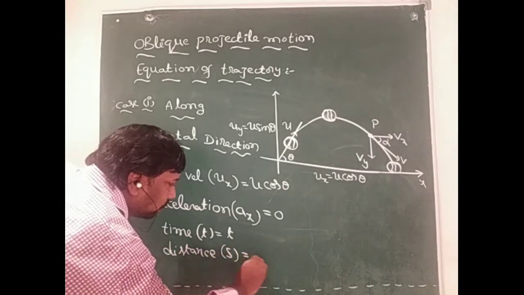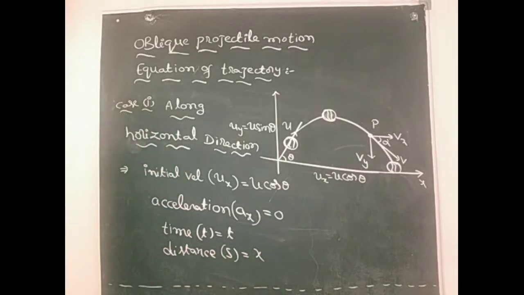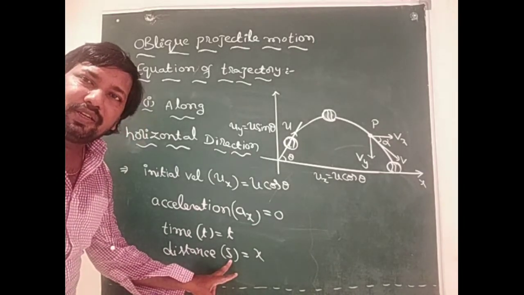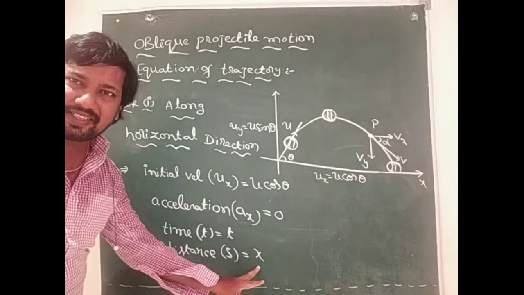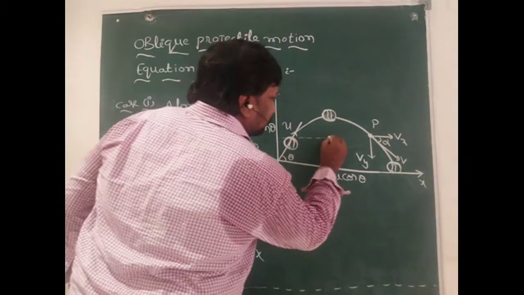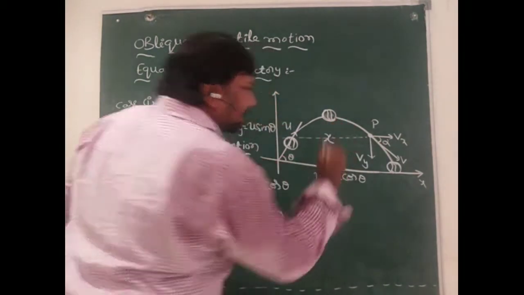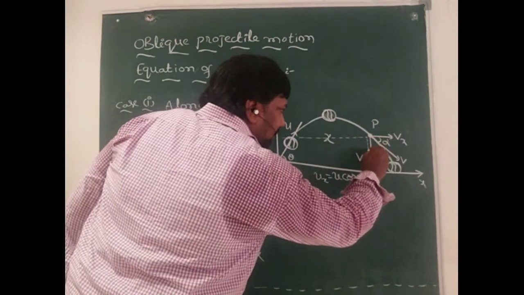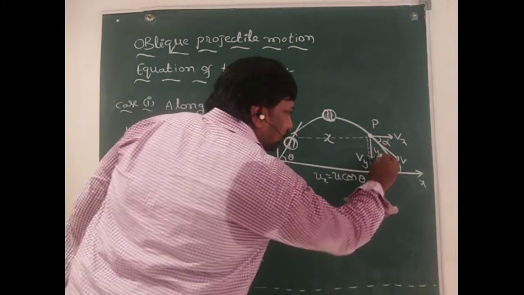The distance traveled by the projectile along the horizontal direction is x. Along the vertical direction, it covers a displacement y.